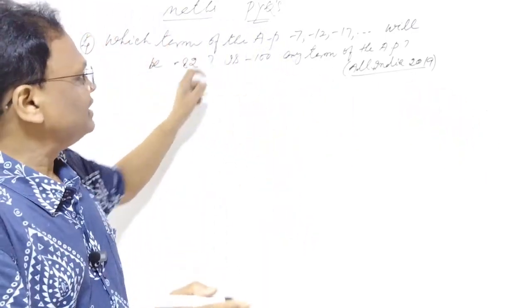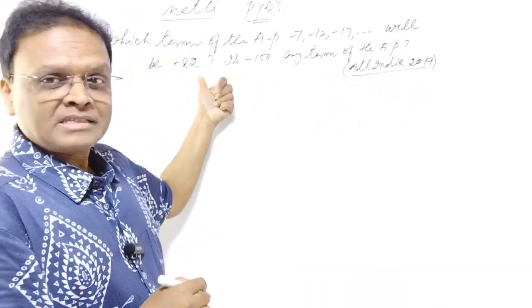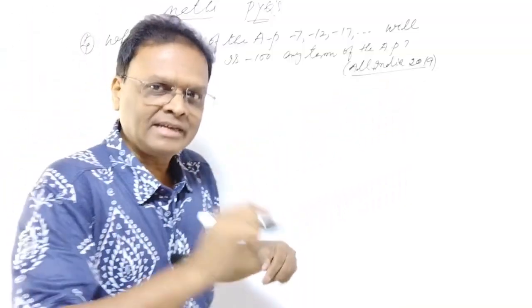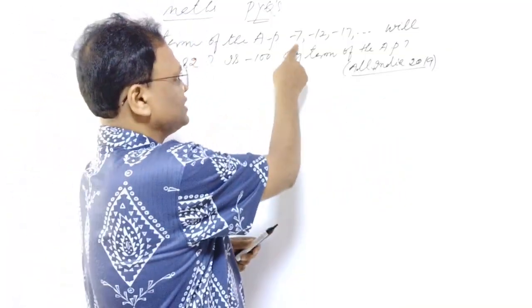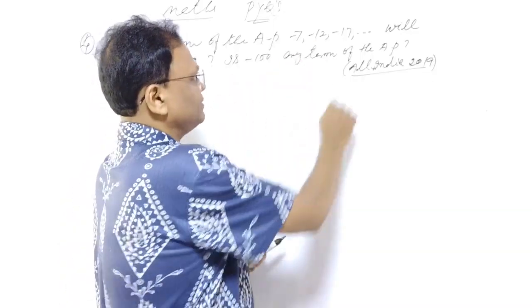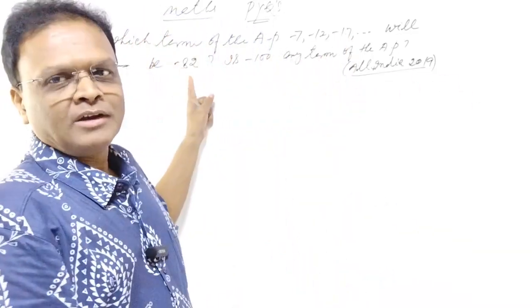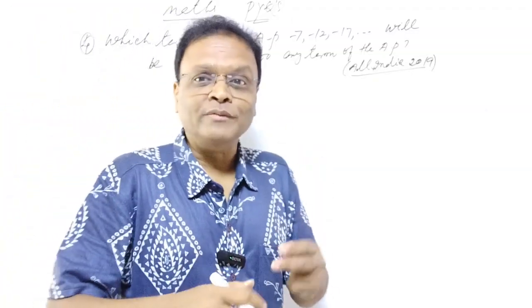That means if this AP continues, you will get minus 82 in between, and it is asking which term that is. First term, second term, third term, like this if you go on writing, definitely you will get minus 82, and it is asking which term it is.